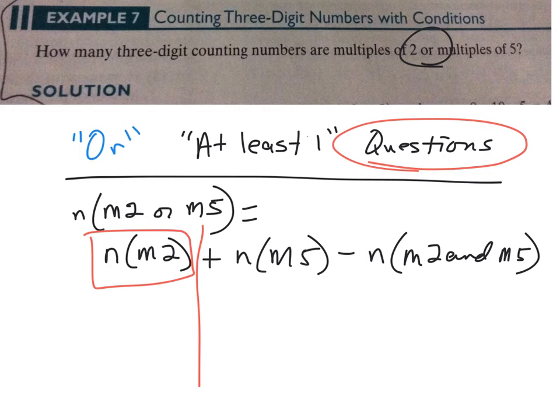No, there's not. So repetition is allowed. And if repetition is allowed, then we're going to draw blanks. Now, if I'm going to be a multiple of 2, then that puts a restriction on the last digit. So I'm going to consider the last digit, then the first digit, and then the second digit.